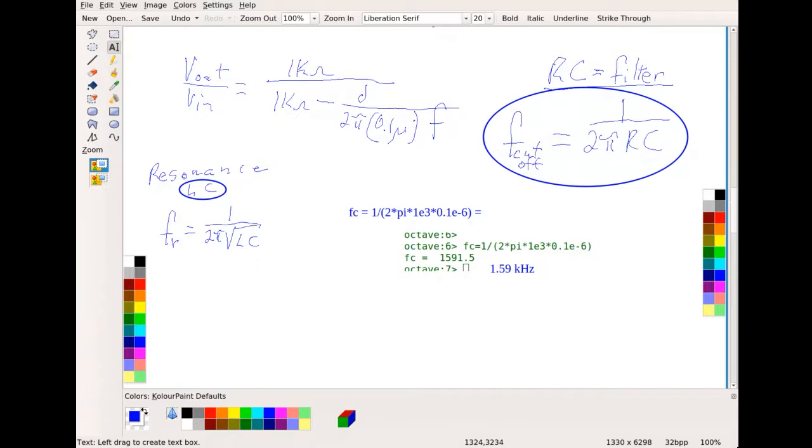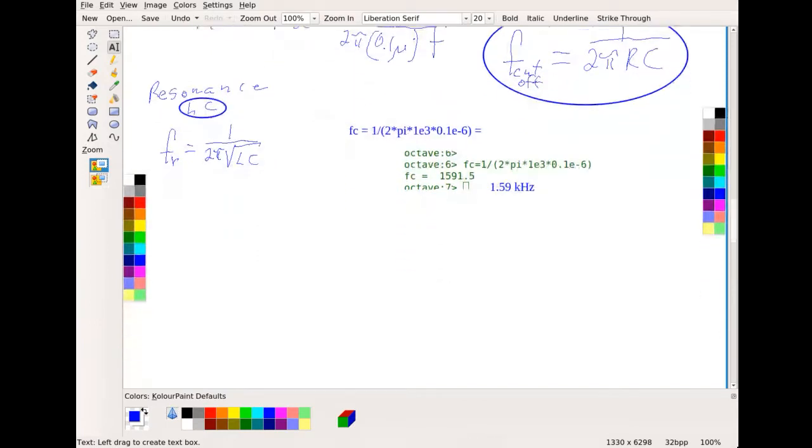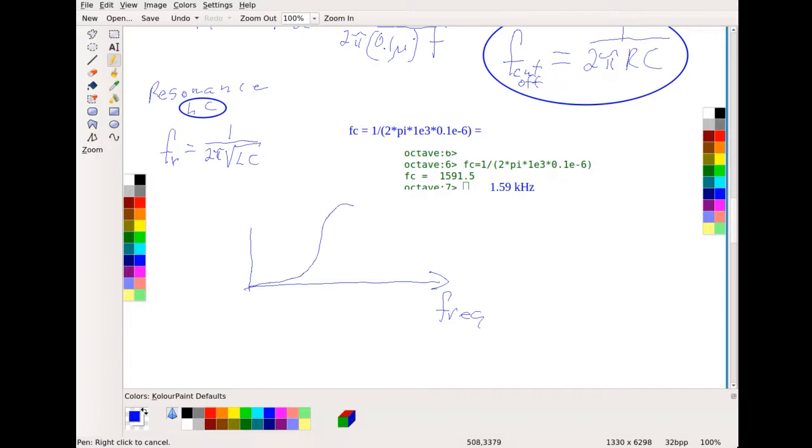Okay, so remember we talked a lot about the bandwidth on Monday using an RLC circuit. You had the frequency going in this direction, and it was going up and we had some peak value. Okay, so this was for the RLC.